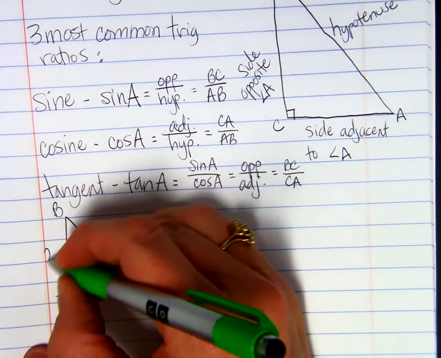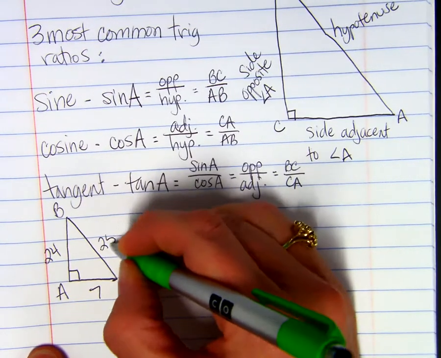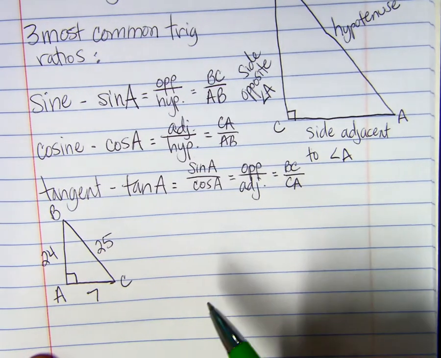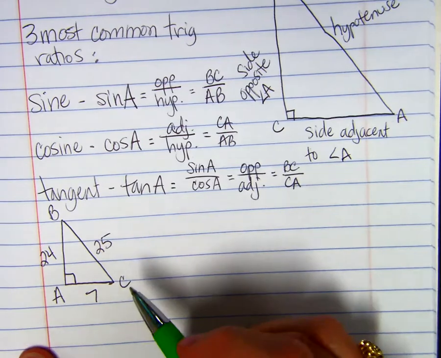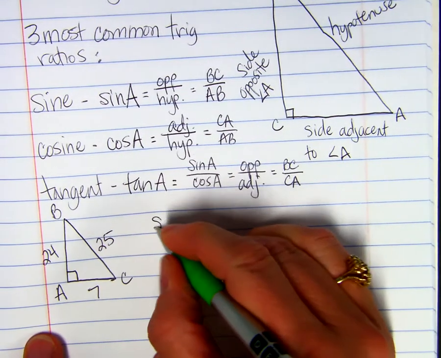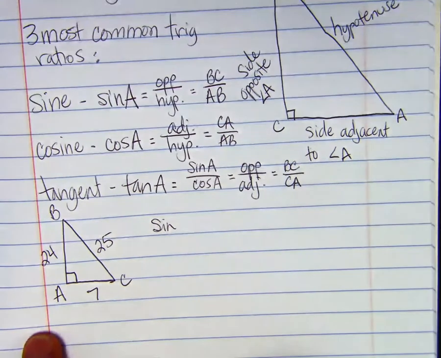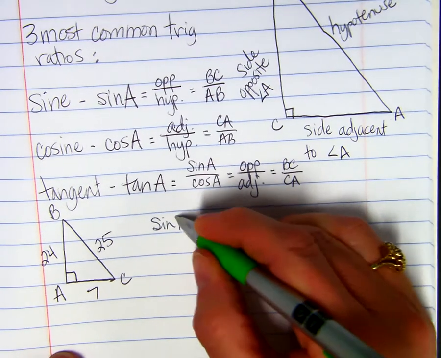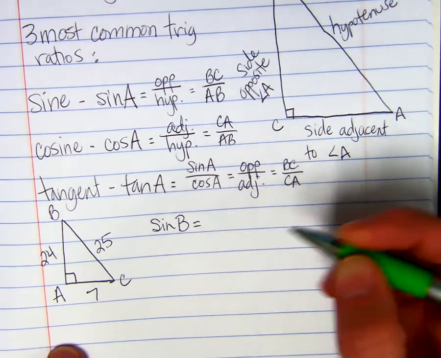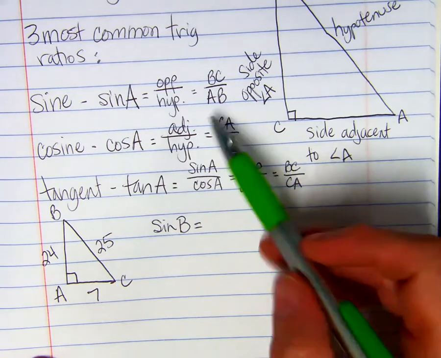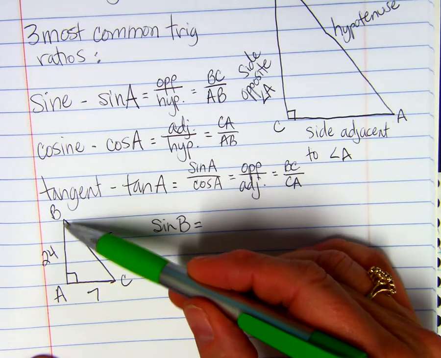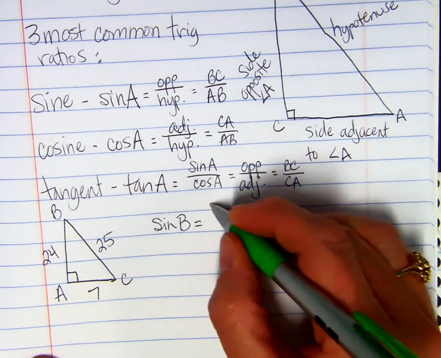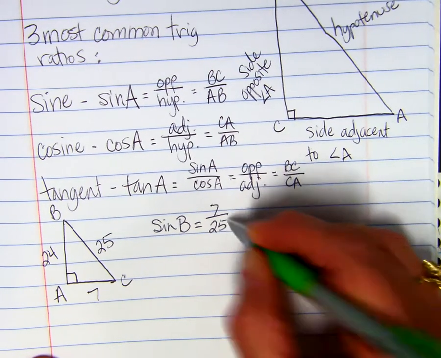Okay. So here is a Pythagorean triple. We are going to find the sine, cosine, and tangent of angle B. Sine is opposite over hypotenuse. Looking at angle B, the leg opposite is 7, and the hypotenuse is 25.